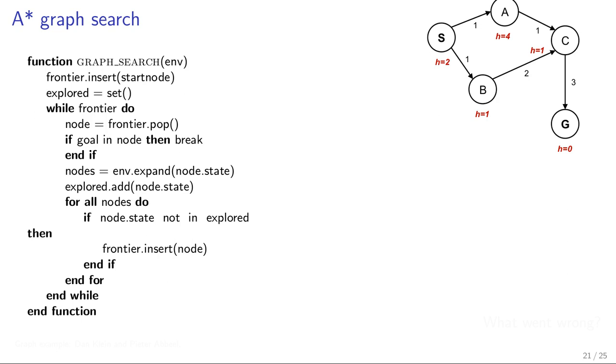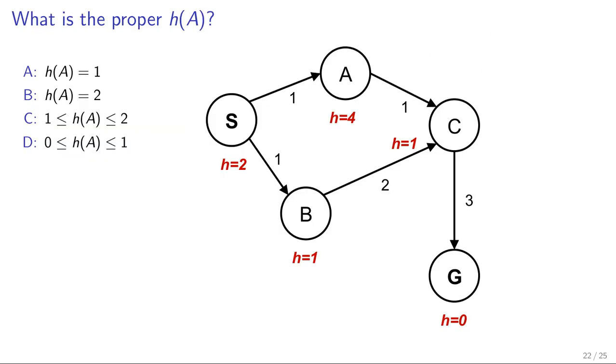In the interest of time, let's not go through that. The idea is, for the tree search, there was this admissible condition. For the graph search, there's a slightly different condition, but it's kind of the same idea.